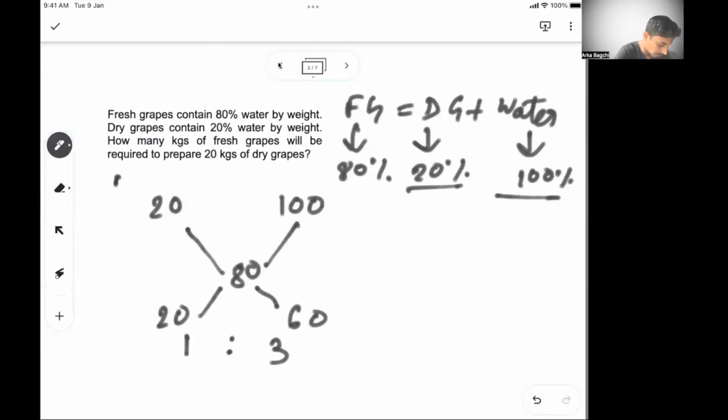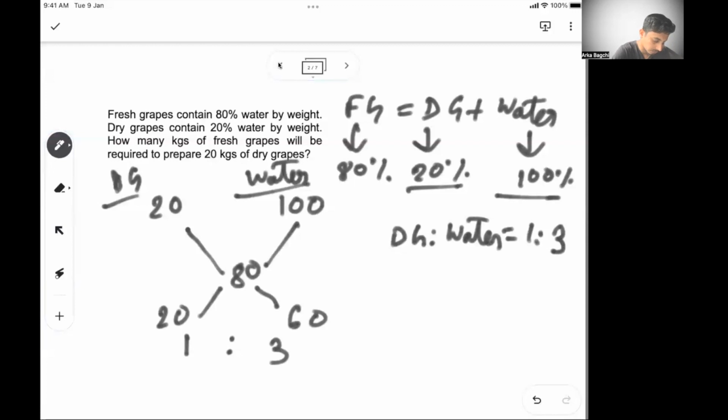So this is dry grapes and this is water. So dry grapes to water should be in the ratio of 1:3.